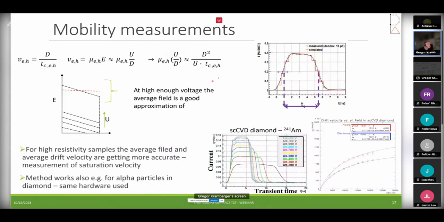This is something that students do, and they measure the mobility and also the saturation velocity, and then you can heat or cool your sample, and you can measure also the effect of the temperature on mobility.